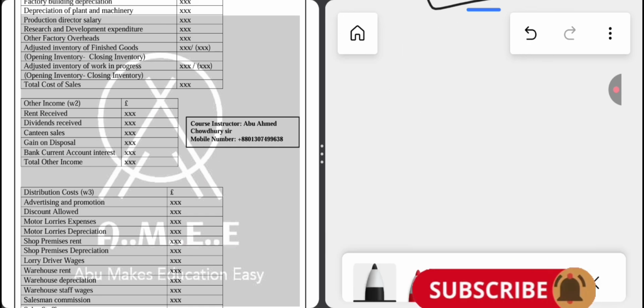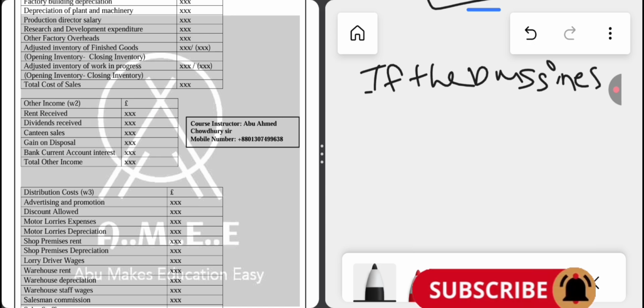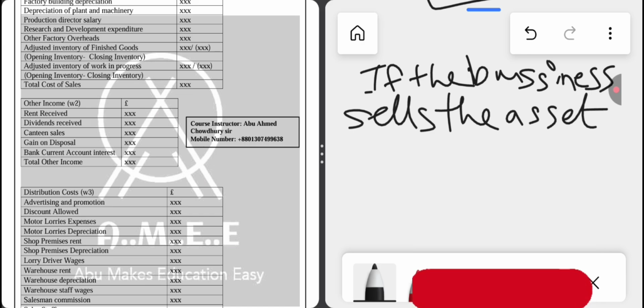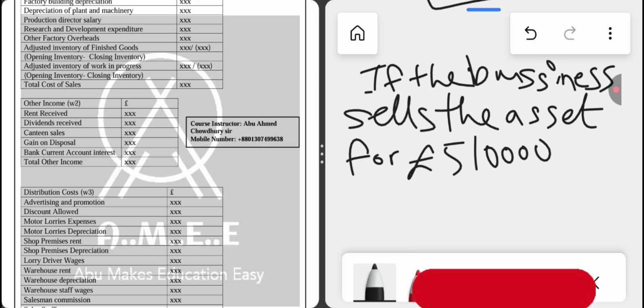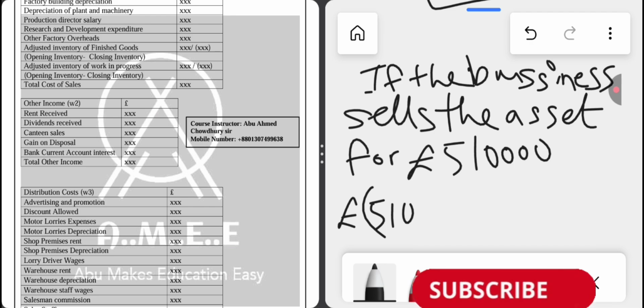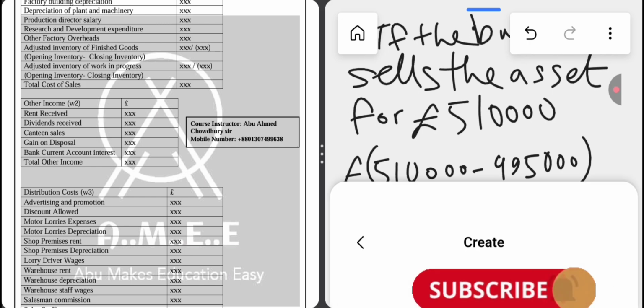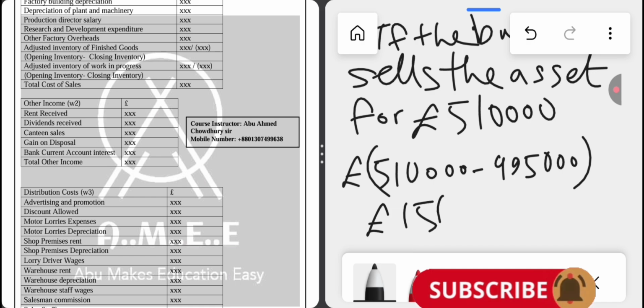So if the business sells the asset for, for example, 510,000, of course 510,000 is greater than my net book value of 495,000, right? So the gain on disposal will be 510,000 minus 495,000, which gives us a value of 15,000 pounds.